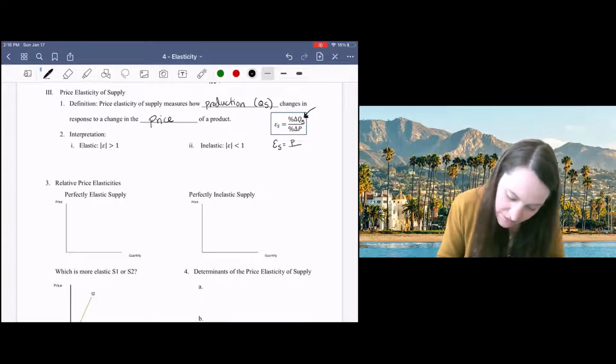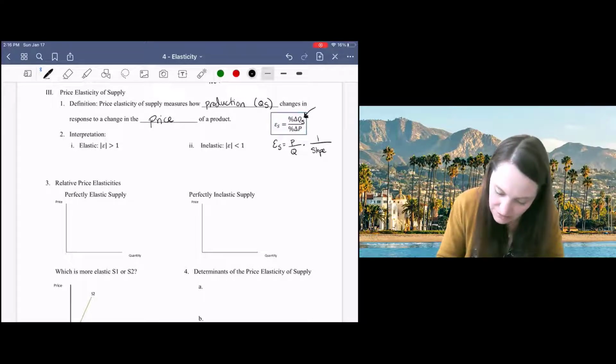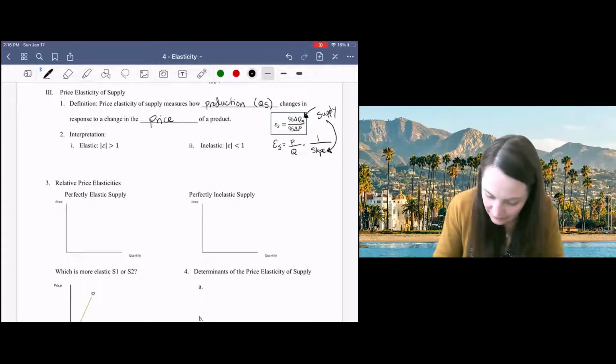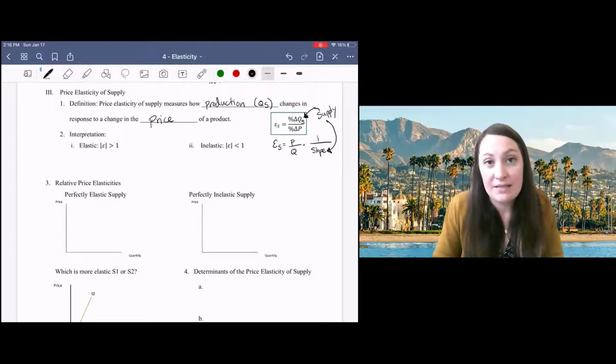Of course, the difference, again, is that instead of using the slope of the demand curve here, you use the slope of the supply curve. So we're really applying the same method for calculation to the supply as we are when we calculate the price elasticity of demand. We also interpret our elasticities in just the same way as with price elasticity of demand.